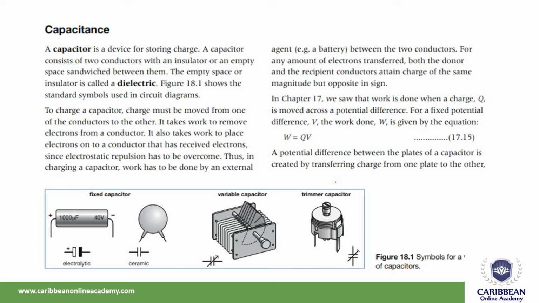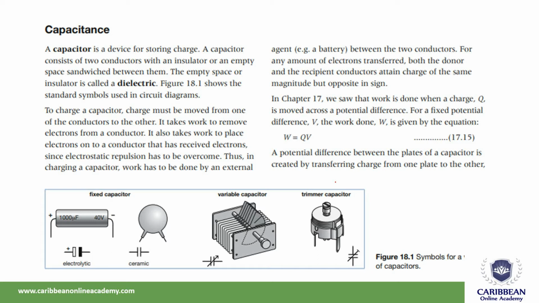Now it says to charge a capacitor, charge must be moved from one of the conductors to the other. It says here that it takes work to remove electrons from a conductor. It also takes work to place an electron or electrons on a conductor that has received electrons.